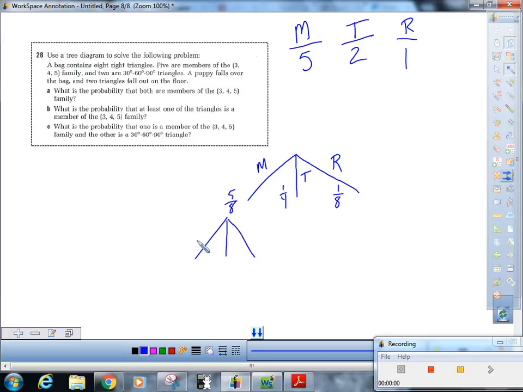Okay, now, M, T, R. If we already selected an M, what's the probability we select an M on our second one? 4 out of 7. And our T, 2 out of 7. And our R, 1 out of 7. Okay, I'm going to put this down a little lower.